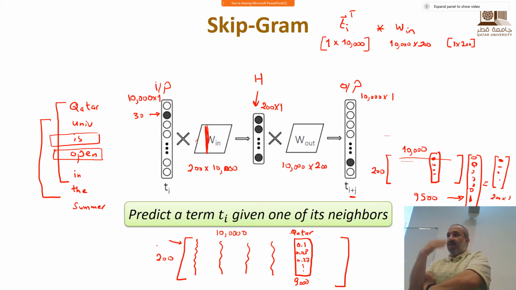More rows means more dimensions. Yes, because more dimensions means I'm capturing more information. The extreme is to use a very large space, which we started with, right? So the goal here is to get a compact representation.